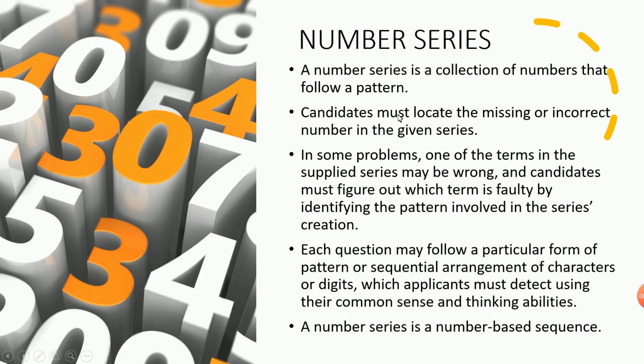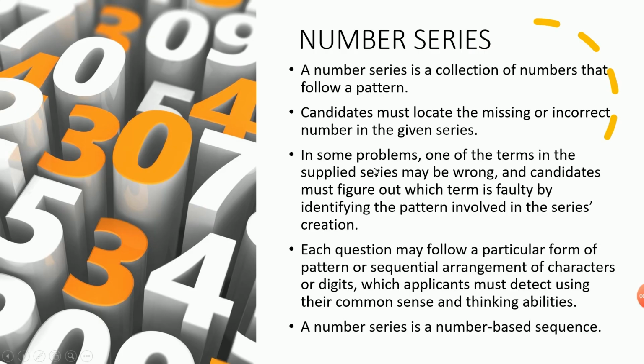So candidates must locate the missing or incorrect number in the given series. Every time the method or pattern would change, but the question would remain the same. There would be a series and a number missing either in the front, in the middle, or at the end. We have to find that number.